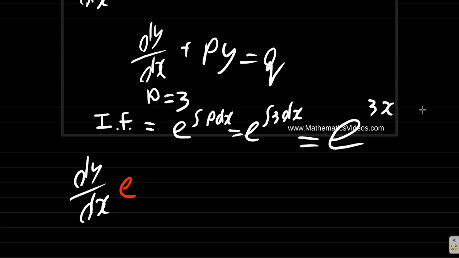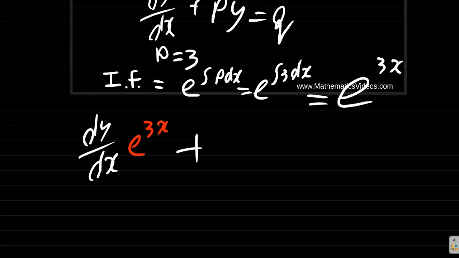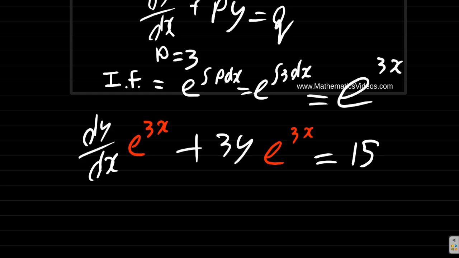We will leave out the constant of integration here. So this is e to the 3x plus, what was it here again? 3y equals 15. So we have 3y multiplied by e to the 3x equals 15 multiplied by e to the 3x.